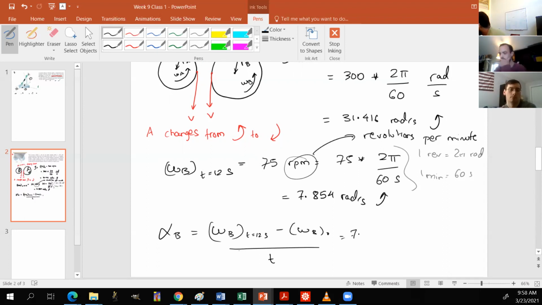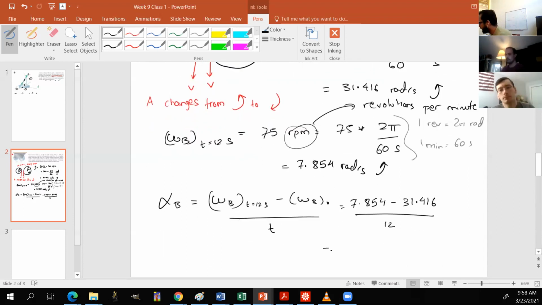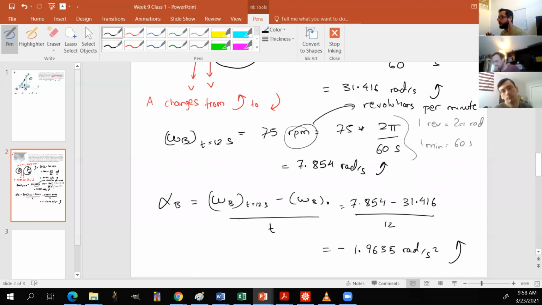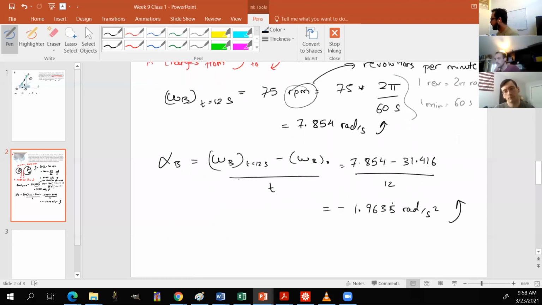So that's just going to equal 7.854 minus 31.416 divided by 12 seconds, right? So you get minus 1.9635 radians per second squared counterclockwise, which basically means that in the counterclockwise direction, the velocity is going to be decreasing, or you could write this as being positive but in the clockwise direction, right?